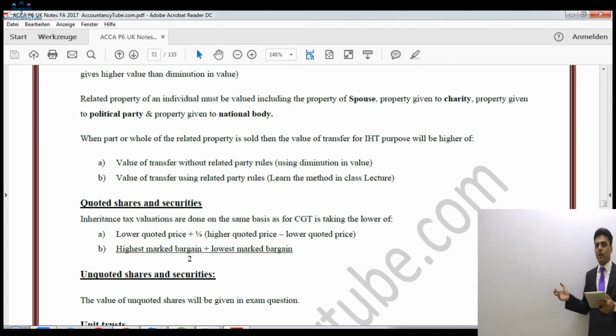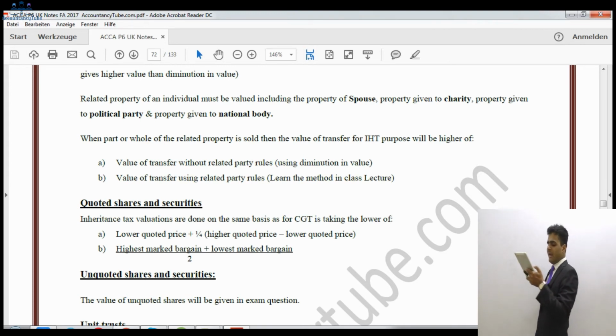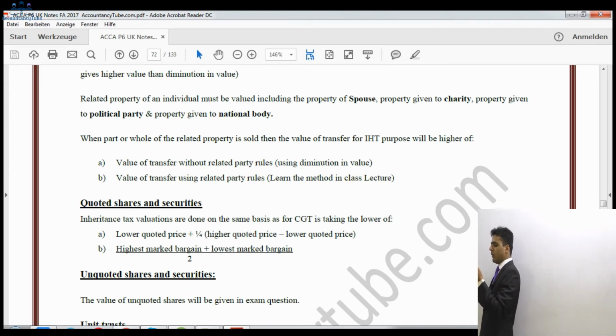Whichever gives the higher value will be the value of the transfer. So we have already answered the requirement, which was in respect of the possible gift of 1,500 shares in Omnium Limited to Danny, a calculation of the fall in value in Brad's estate which will result from the gift, and a detailed explanation of whether or not business property relief applies. We will see that later on when we move to business property relief.